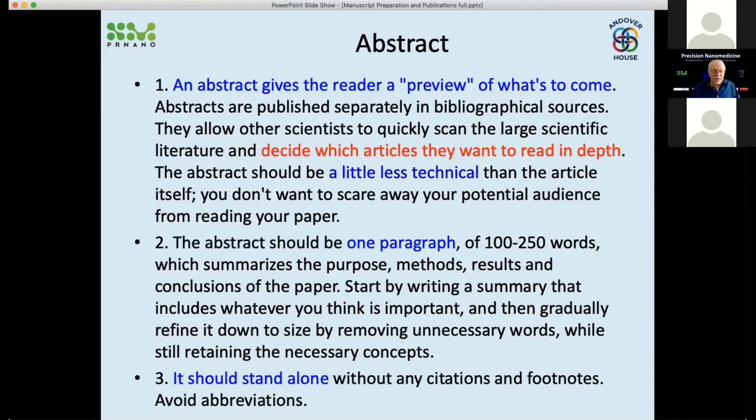And as I've said, it is a standalone, so no citations or footnotes. Only use very trivial abbreviations like MRI, NMR, and so on. Don't introduce your own abbreviations there. Remember, it is published separately. There is no way to go and look it up.